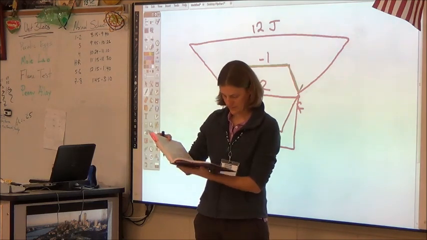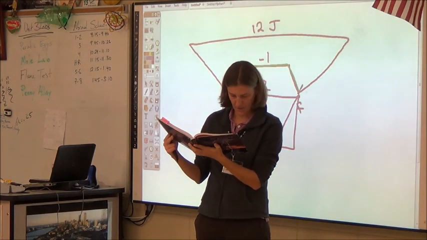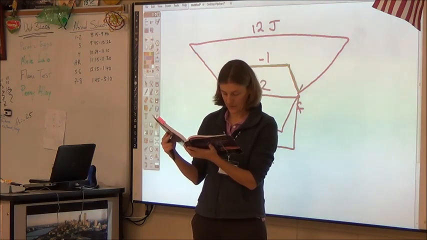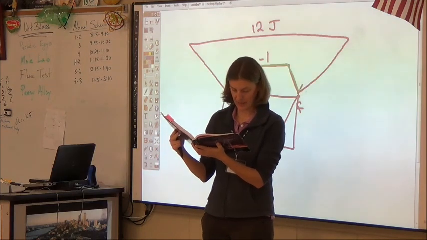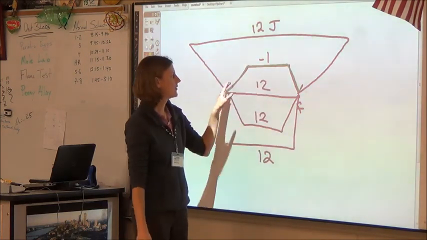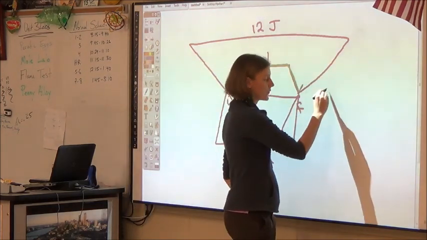And it said, along the 4th indirect path, both the conservative force and the non-conservative force act on the particle. So this is the net work. And what did we know was the work?